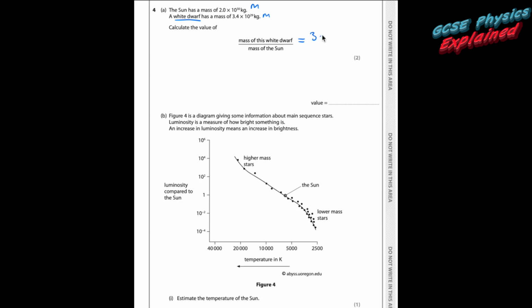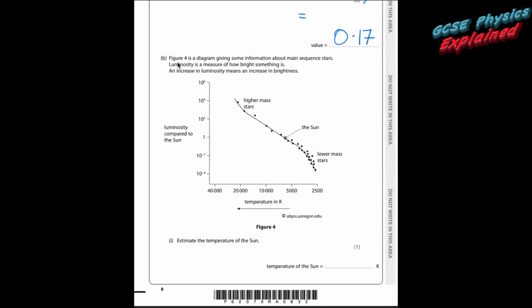The white dwarf was 3.4 times 10 to the 29. We just need to divide that by the mass of the Sun, which was 2 times 10 to the 30. And that equals 0.17. And that'll be kilograms divided by kilograms, so those units will cancel out. There'll be no units.